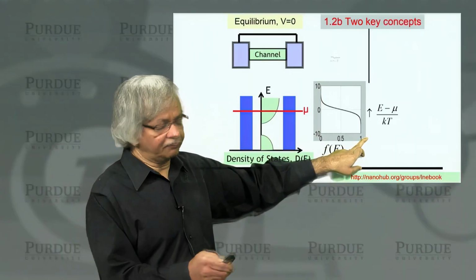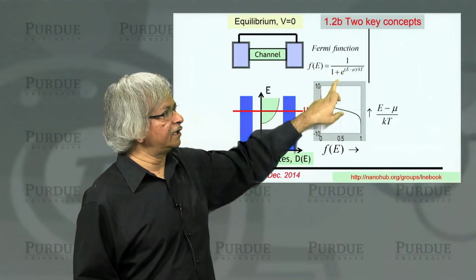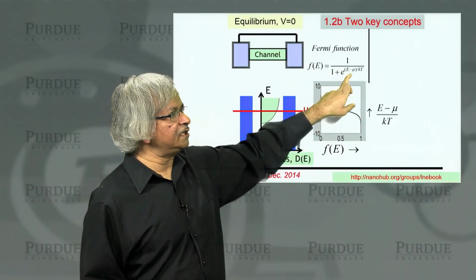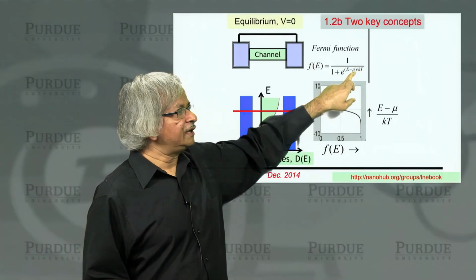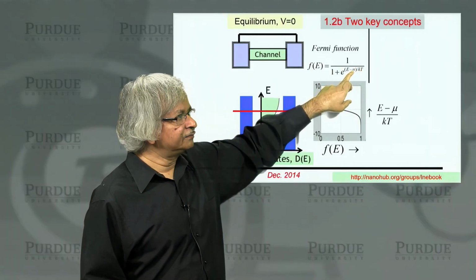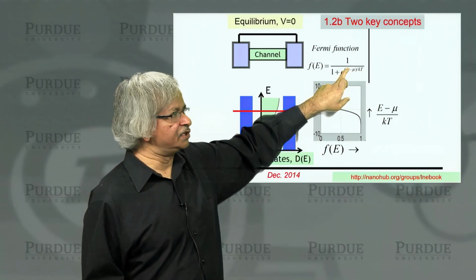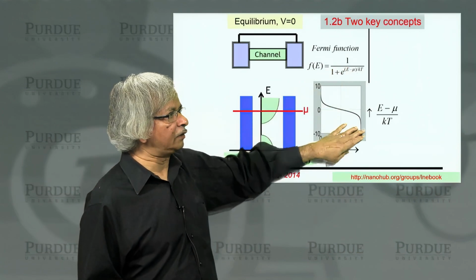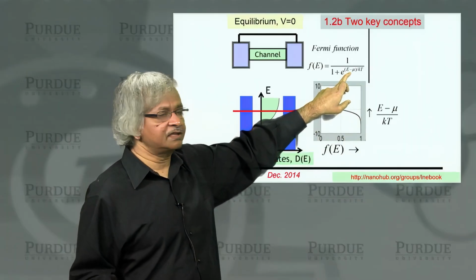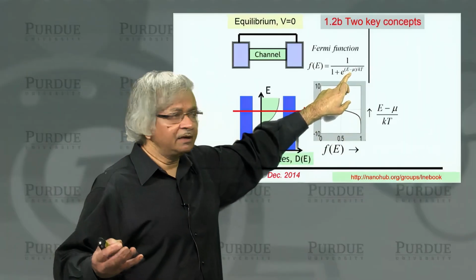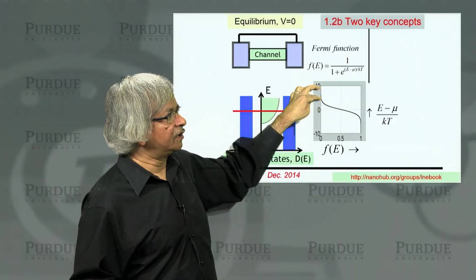And the mathematical form of this function looks something like this. It is 1 divided by 1 plus exponential of (E minus mu) over kT. So when that quantity is negative, it is exponential of a large negative number, which is 0, and so the function becomes 1. When that number is big, like exponential of a positive number, that's a very large number, and 1 divided by a large number is a very small number.